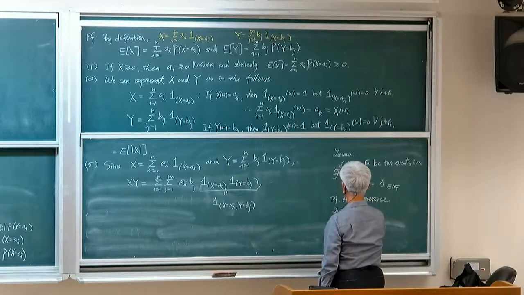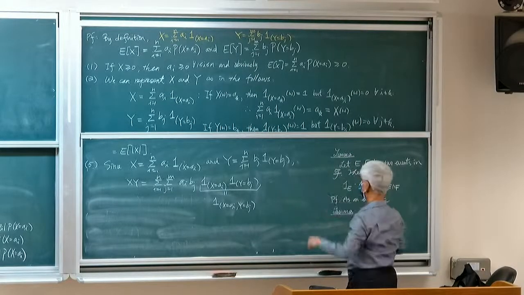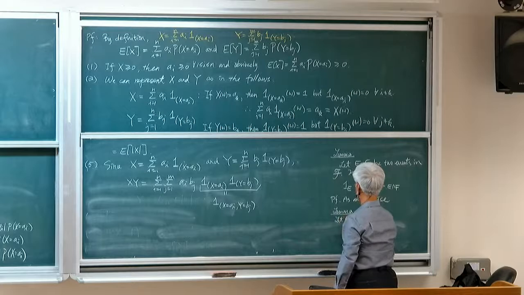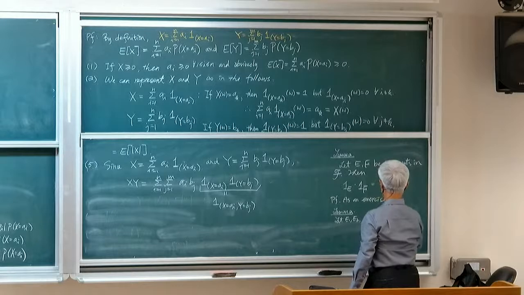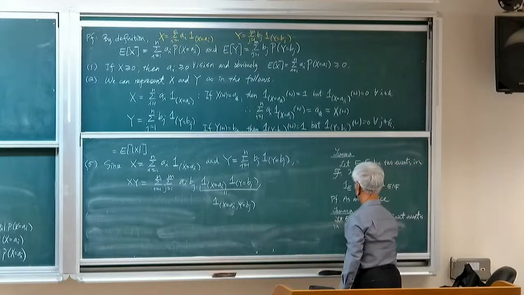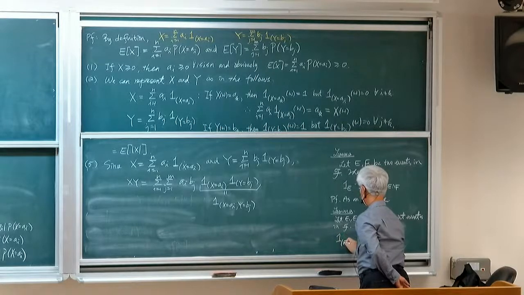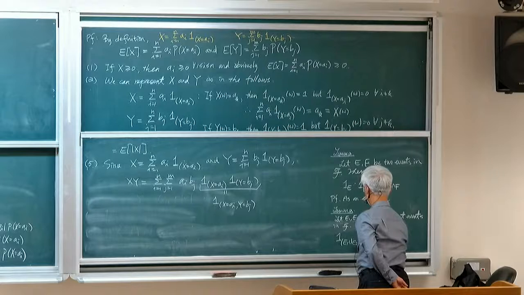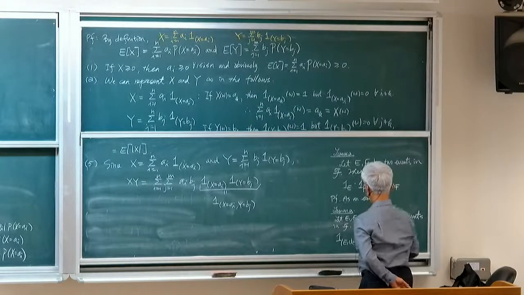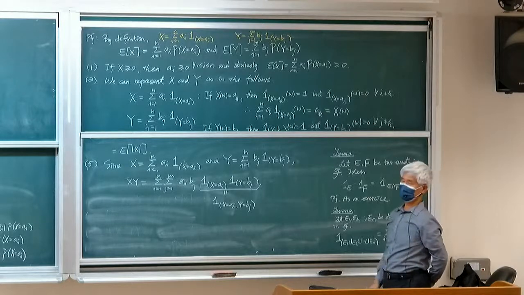Another lemma I have used in the proof of the second statement: let E1, E2, up to En be disjoint events in the sigma algebra F. Then the indicator of their union is the sum of their respective indicators.